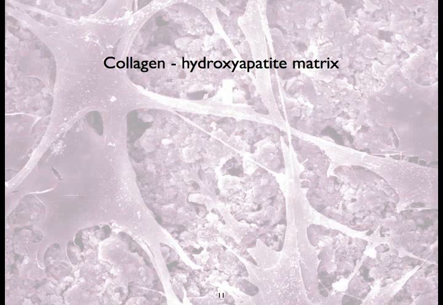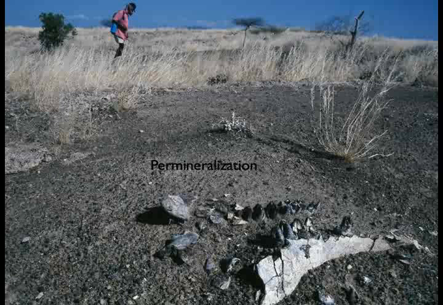The protein comes apart, and if you're at the right place, remember how we talked about there being a place where calcium carbonate comes out of solution in groundwater, or a similar circumstance for silica. What happens is that that silica-laden or calcium carbonate-laden water will seep into the bone and fill the space where that collagen fiber once was.